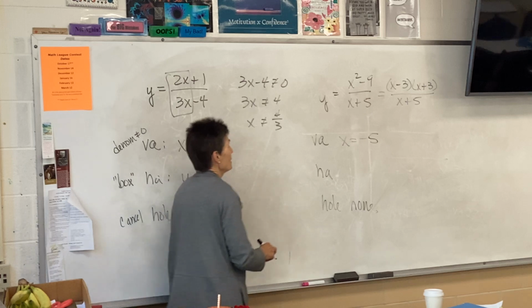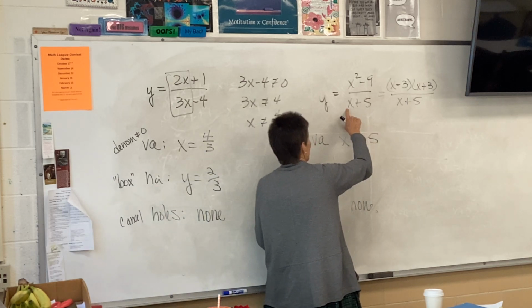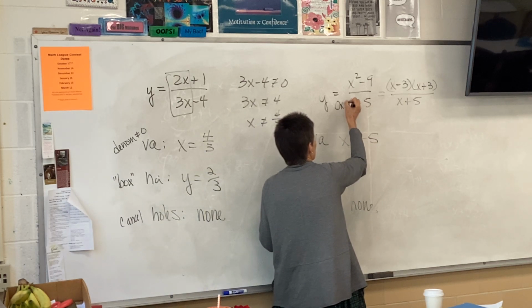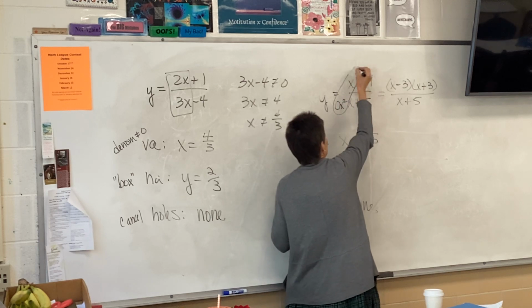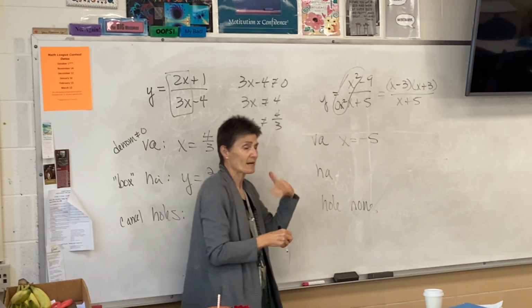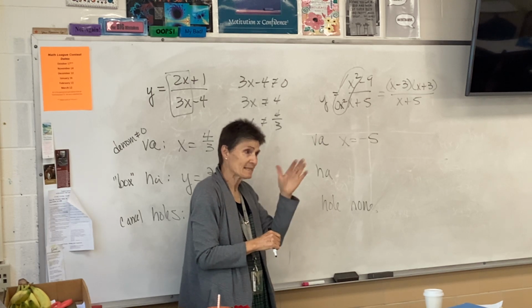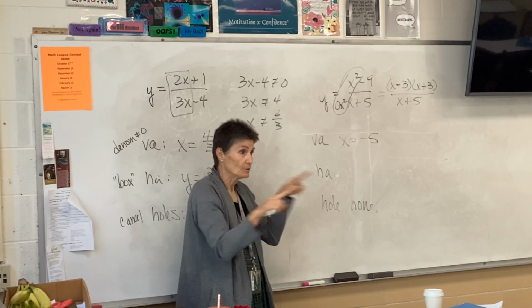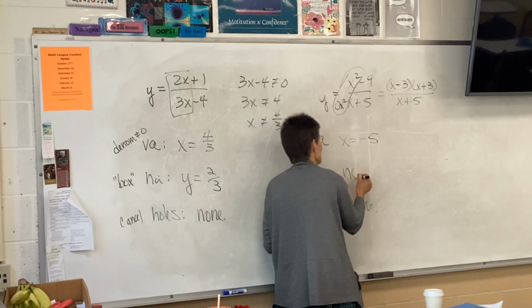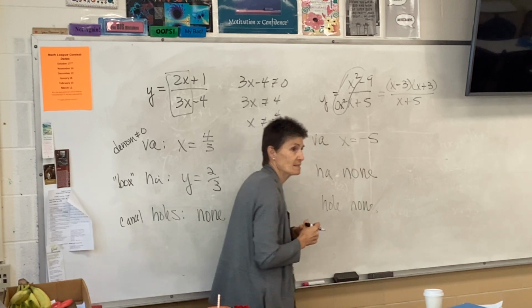Boxing. But be careful. Remember when you box, you have to make a match, right? I don't have an x squared in the bottom, so I put a 0 down there. What's anything over 0? No solution. So there is no horizontal asymptote.